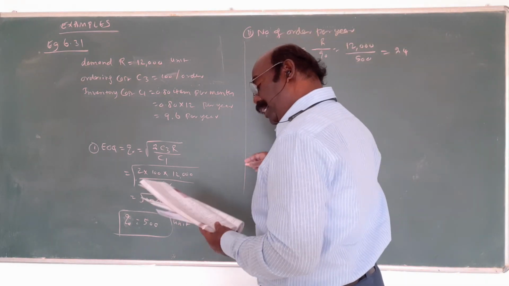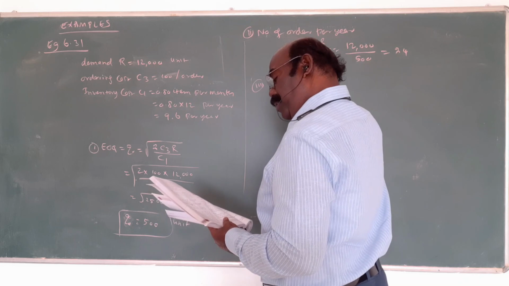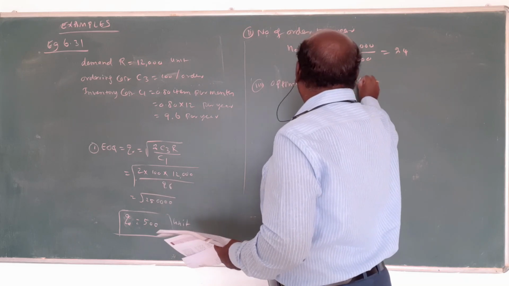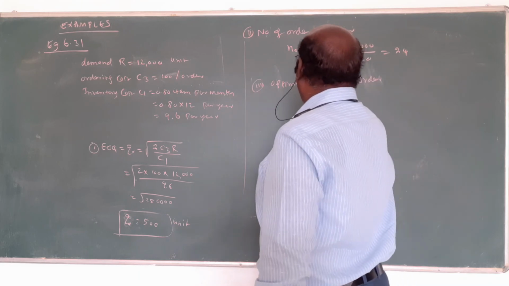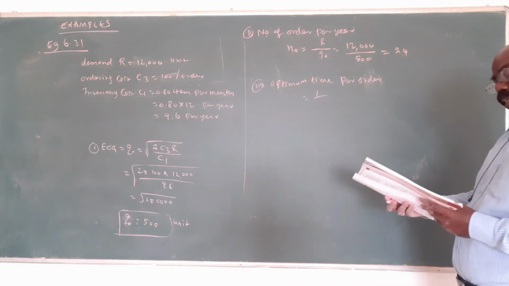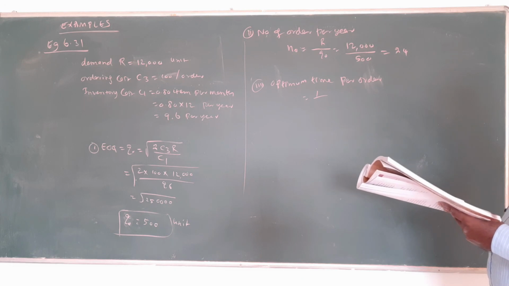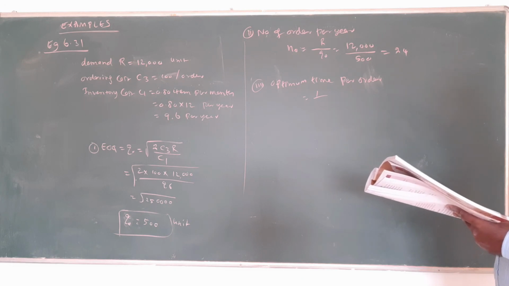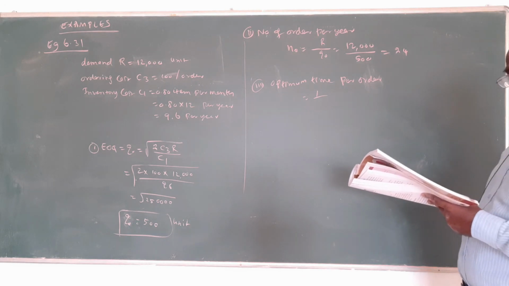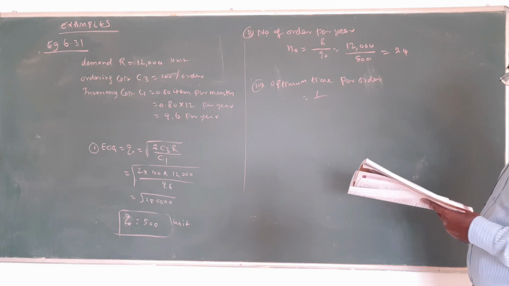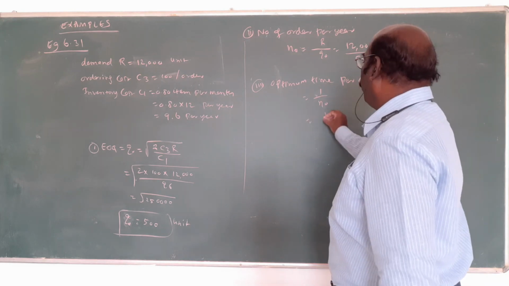The third part, the question is the optimum time per order. Time per order means 1 by the number of orders, N naught. The optimum time per order is 1 by 24.